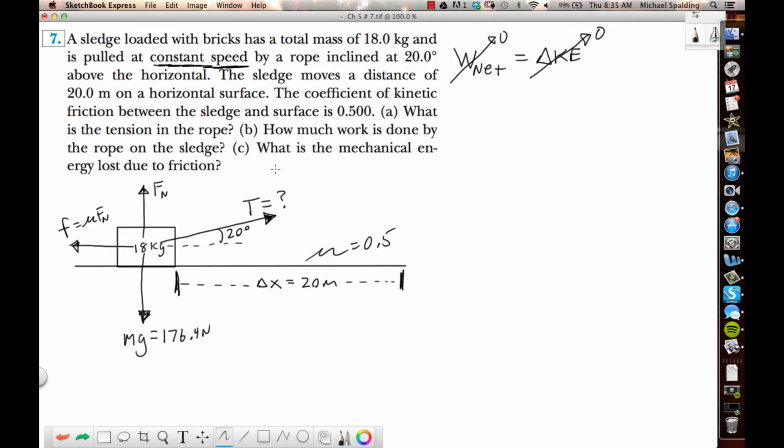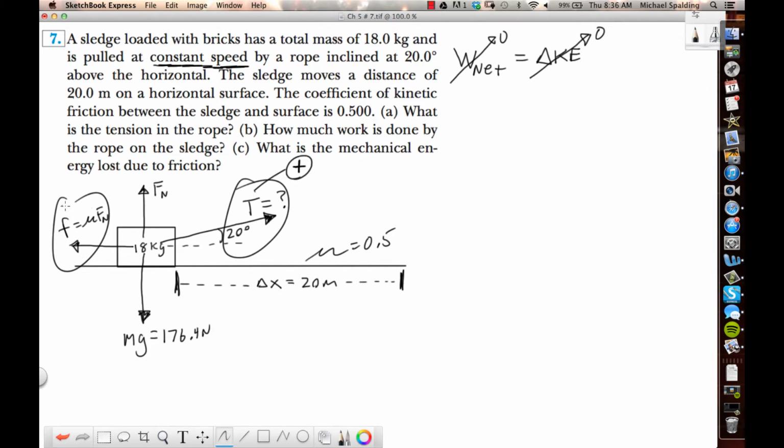Okay, so which two forces are doing work? Tension and friction, right? And remember, the sign convention for work done in the direction of motion is plus, work done against the motion is minus. So the tension is doing positive work or negative work?